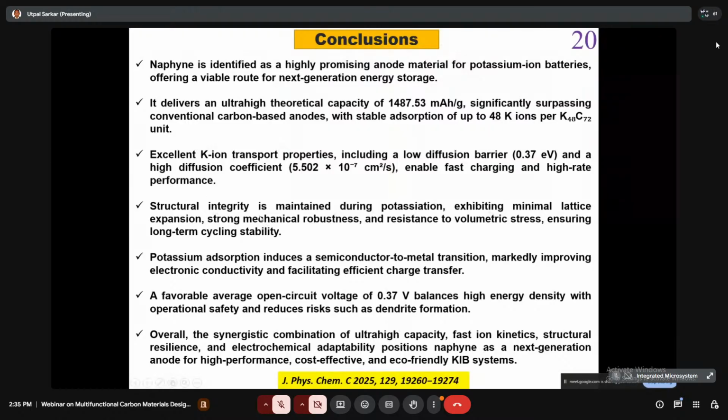Structural integrity is another important thing here, maintained during potassiation, exhibiting minimal lattice expansion, strong mechanical robustness and resistance to volumetric stress, ensuring long-term cyclic stability of this system.